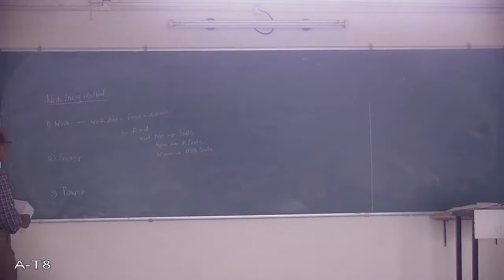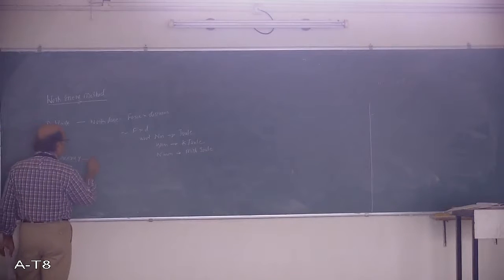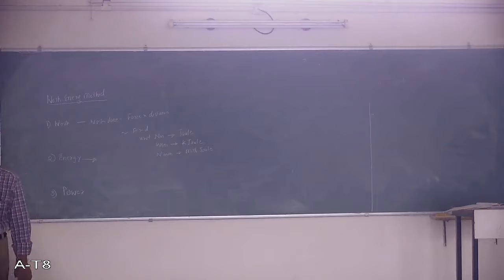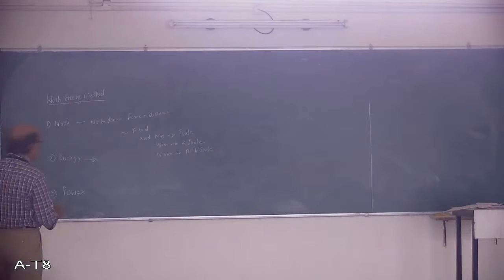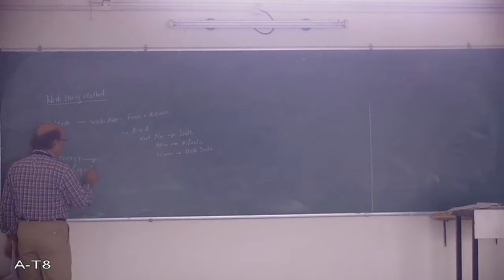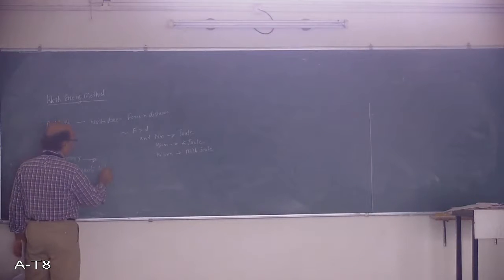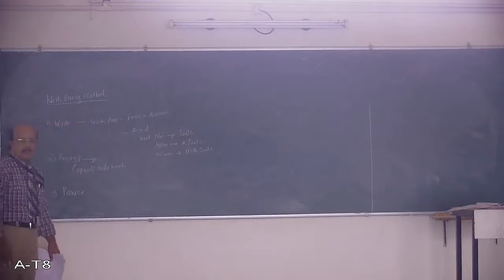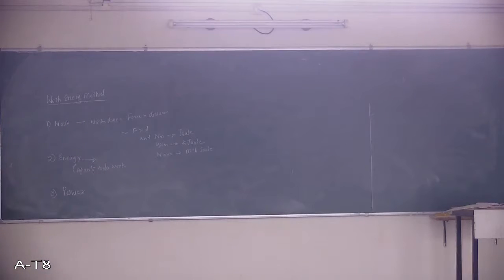Now next is energy. Energy may be stored, or it may be kinetic energy. Therefore energy is nothing but a capacity to do work. Energy may be in different fields, and you have different types of storage of energies.